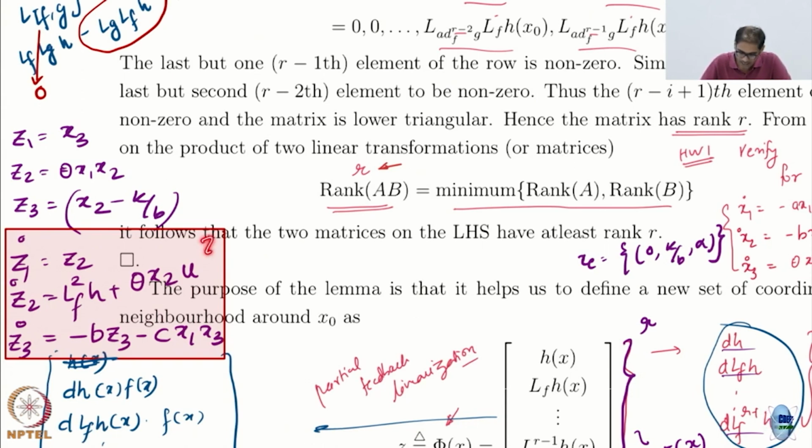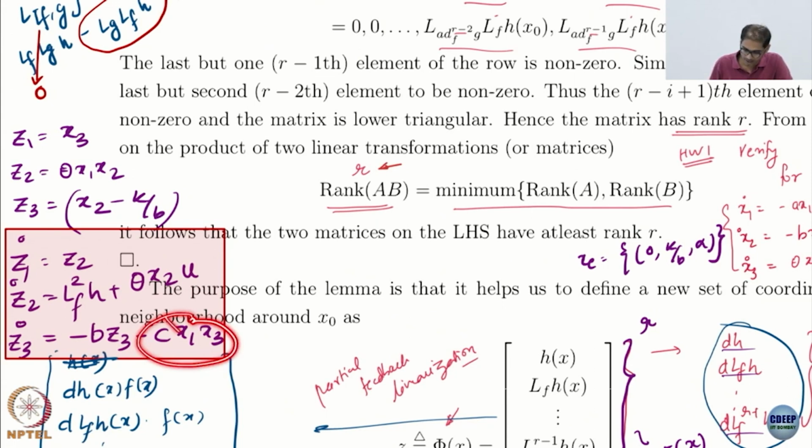If psi is equal to 0, what does that mean? Z1 and Z2 are 0. Notice Z1 is x3, Z2 is theta x1 x2. If Z1 and Z2 are 0, it means x3 is 0 and x1 or x2 is 0, which means, most importantly, this term is 0.